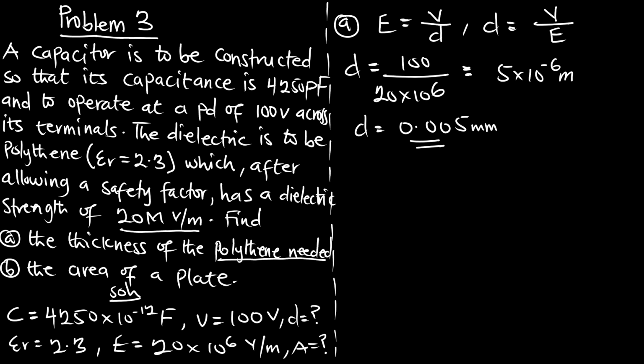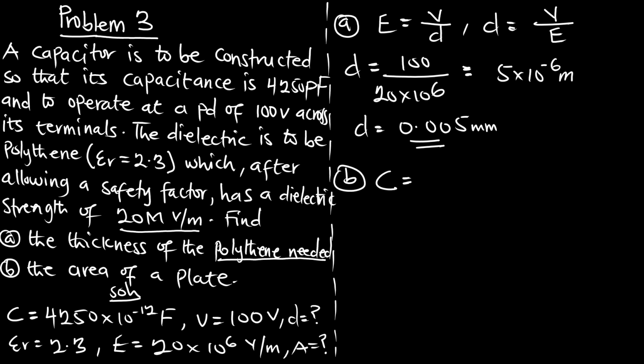Let's look at the B part. The B part says we should also find the area of the plates. So now from the capacitance formula, we can also find the area. We don't have n, the number of plates, so we assume there are 2. And if it is n minus 1, where n is 2, we are also going to have it as 1.